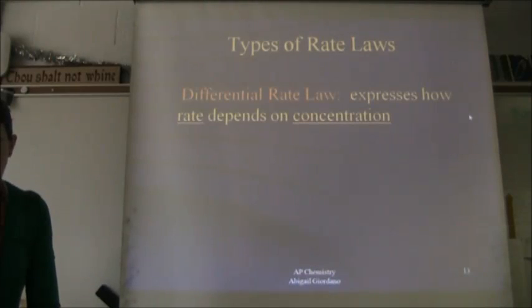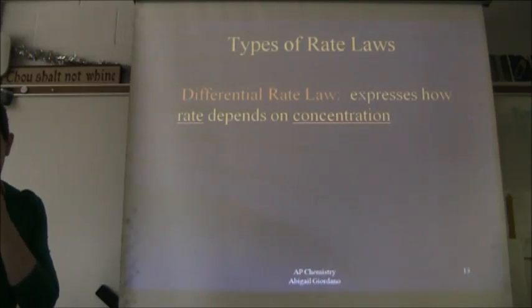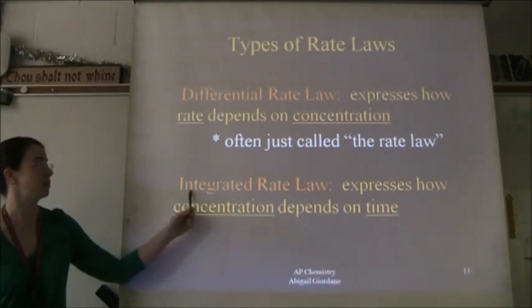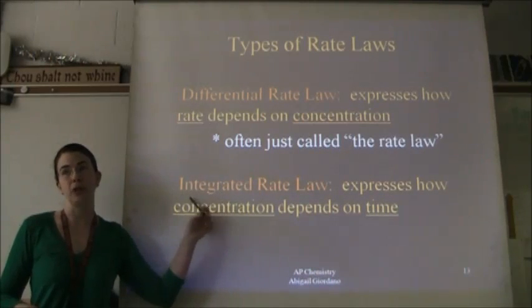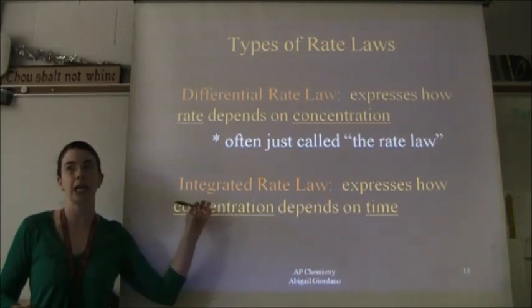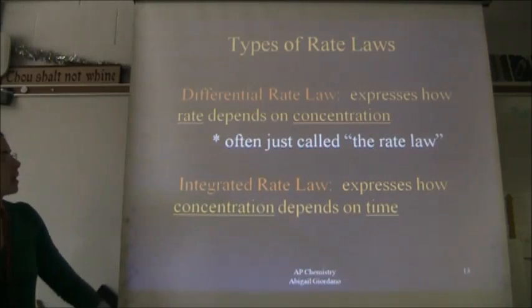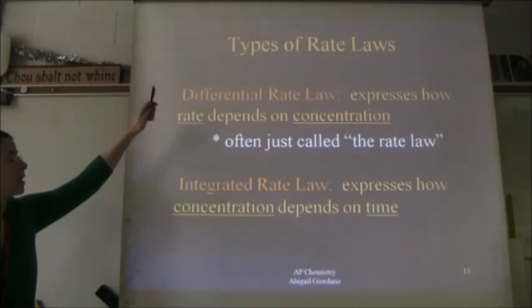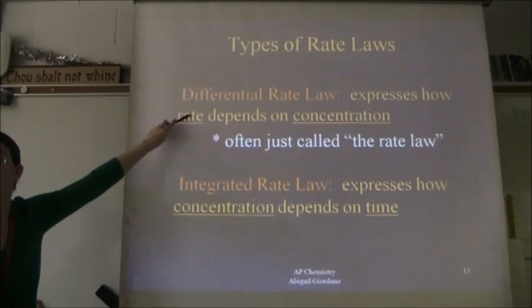Just a little vocabulary here before we look at a sample problem. Calculus people, you might start to see some words that look familiar, like integral, integrated. Guys, just a little vocabulary here. There are 2 types of rate laws out there. This is the type we're going to look at today.